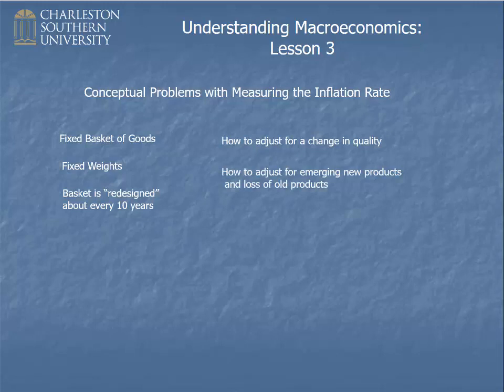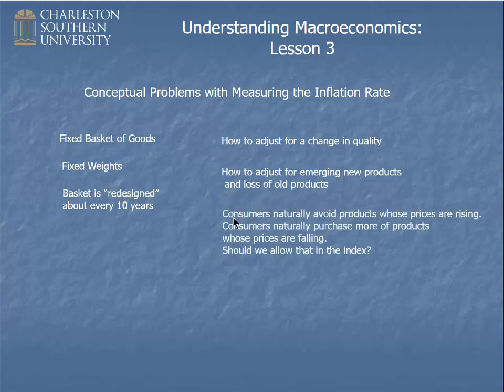And then, how do we adjust for emerging new products and the loss of old products? I'm sure you're all old enough to remember some things that you commonly bought 5 or maybe 10 years ago, and now you don't buy them at all. New things that you buy nowadays which weren't available before. So how do we fairly merge those new products into the index and let the old products fall away?